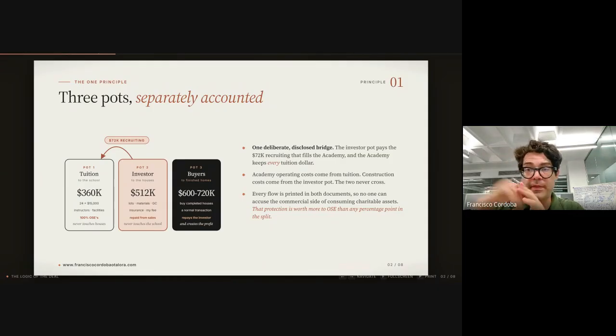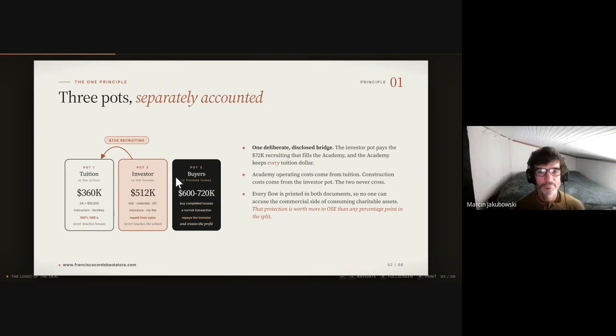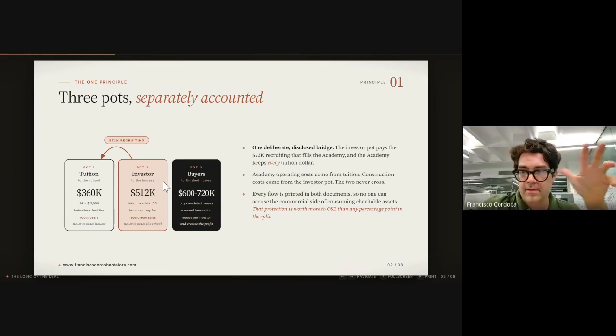Part of that money, especially 72,000, will go for marketing, so we can find the students that will pay the 15,000 and they will have 360,000. So OSE will earn the 360,000 from a 72K investment.